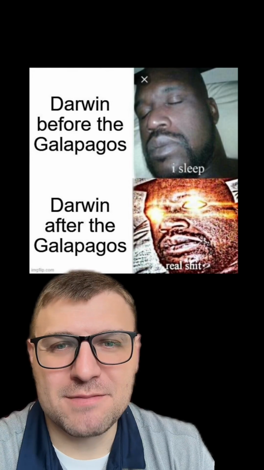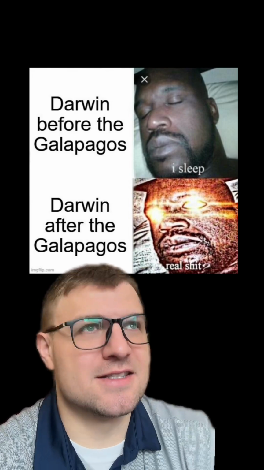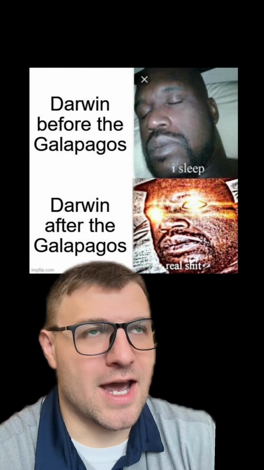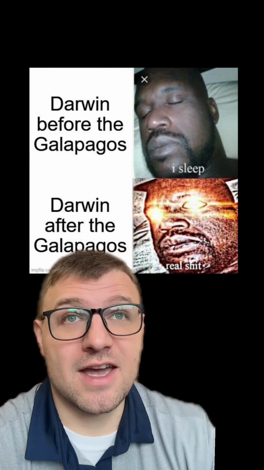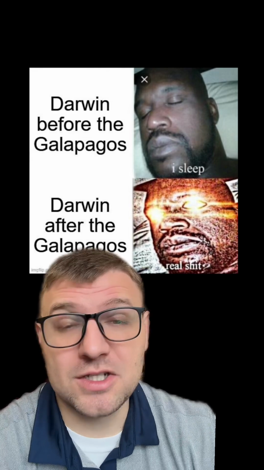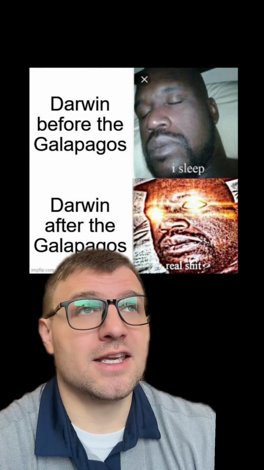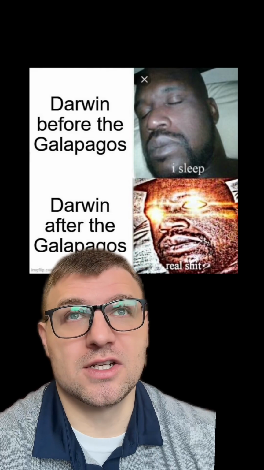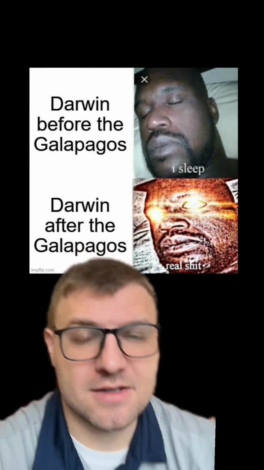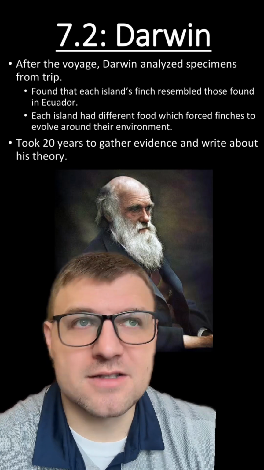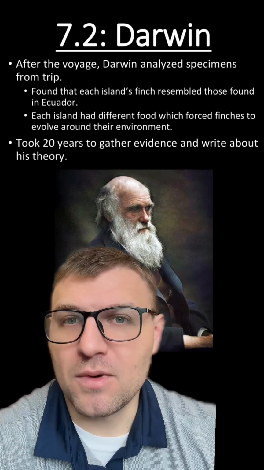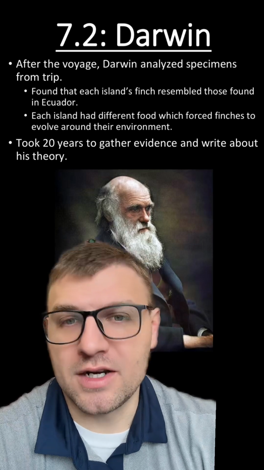Now, I love using this meme, but understand that Darwin didn't instantly understand evolution after the Galapagos Islands. He gained a lot of evidence and understanding of species on the islands. However, it's not like he totally understood natural selection when he left those islands. It took him more than 20 years to analyze specimens, correspond with different scientists, and just work on his theory.